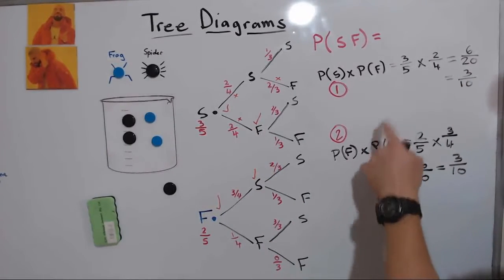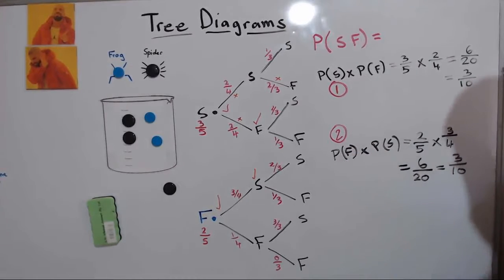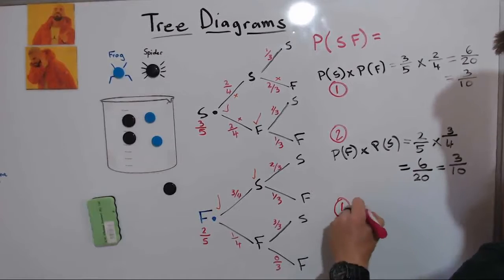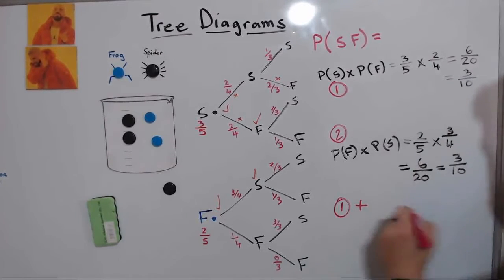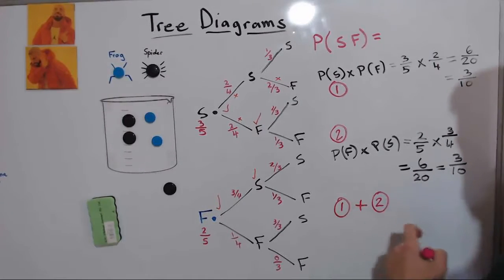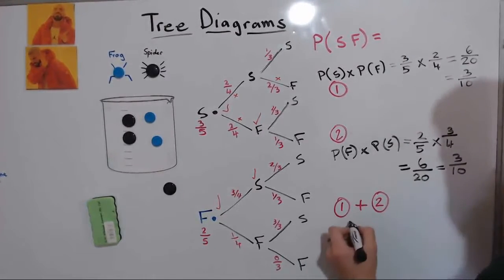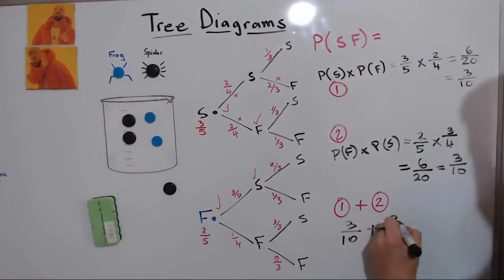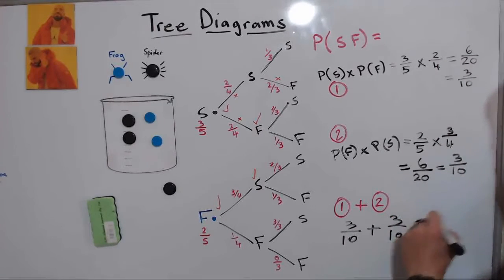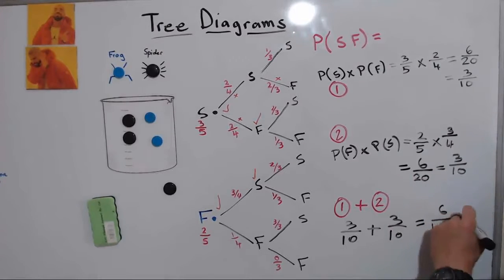So in this case, I can add them together. So my total probability is actually going to be the chance from option 1 plus the chance from option 2, which gives me this one, 3 out of 10 plus another 3 out of 10, which is 6 over 10 or 3 over 5.